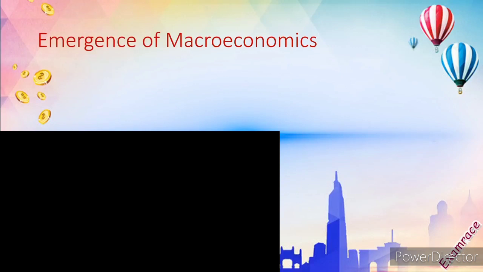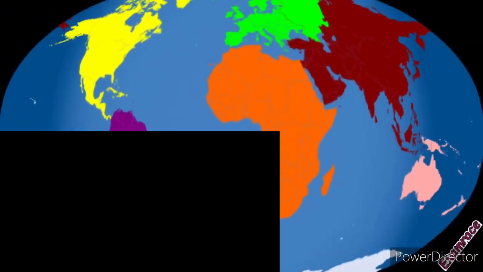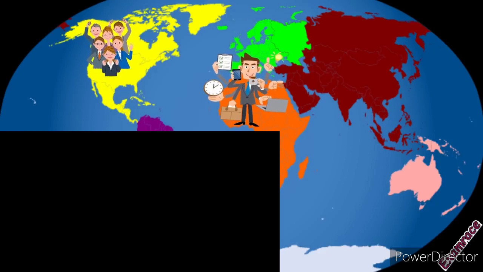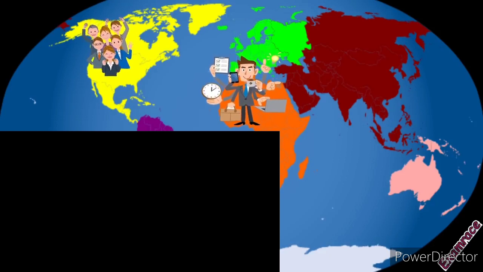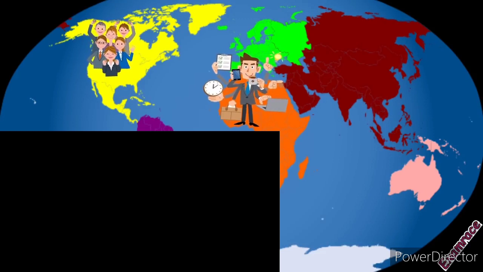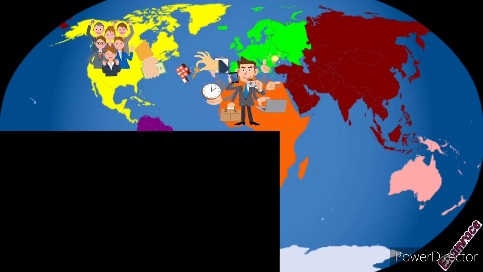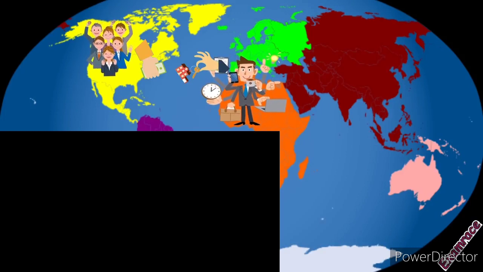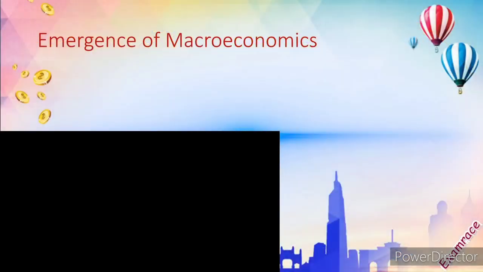What happened during the Great Depression was that in the countries of Europe and North America, employment significantly declined. This decline in employment in Europe and North America affected the demand for goods. Demand for goods in the market was low, and this slump that was seen in these areas was slowly and gradually reflected across the world.